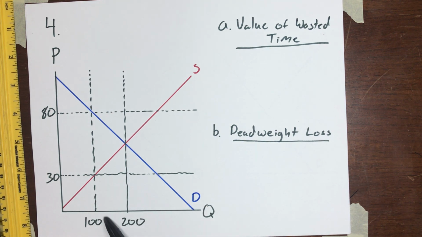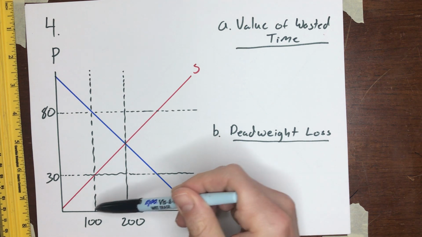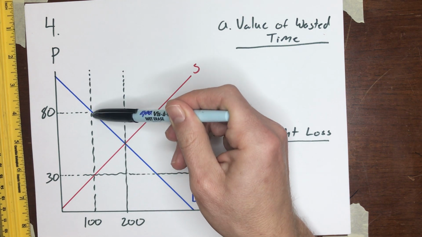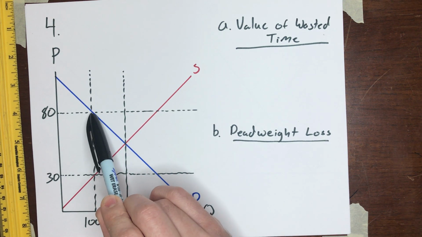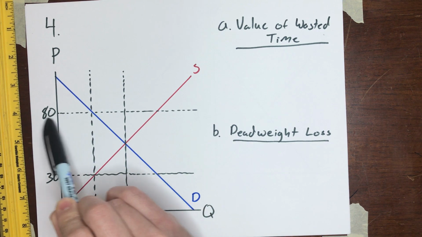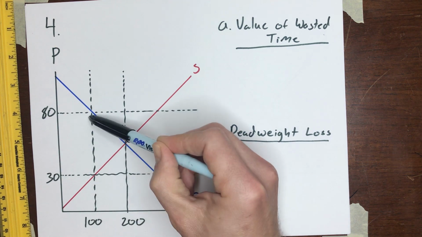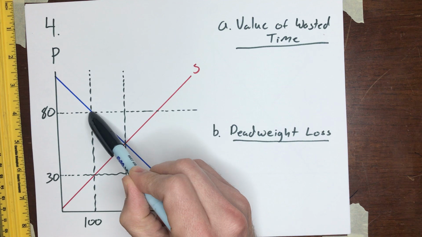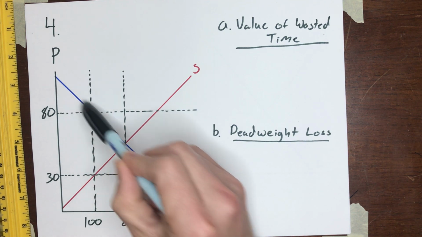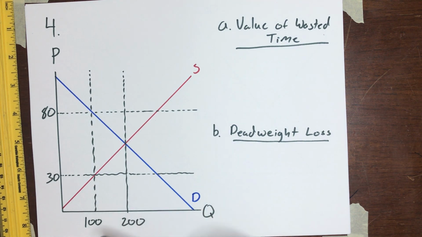So now there's only going to be 100 units that sellers are willing to sell. Take that 100 units, plug it into the demand curve, and you find that this buyer right here would be willing to pay $80 for that 100th unit. So all of these buyers along the demand curve up to this point, they'd all be willing to pay $80 or more to get a unit. Okay, so that kind of lays out the numbers that we're looking at.